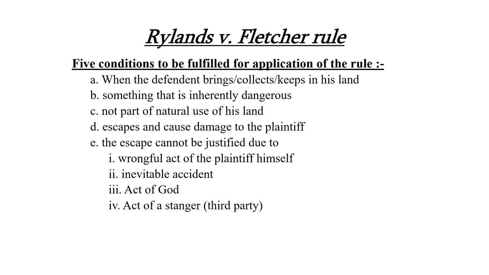Now, in Rylands versus Fletcher's case, the third party angle was there, that it was negligence on the part of the contractor. So, act of a stranger or third party, but subsequently that act of third party was modified also. So, again repeating, the conditions that the Rylands rule has formulated: when the defendant brings, collects, keeps in his land, very important, something that is inherently dangerous, not part of the natural use of the land, that substance escapes and causes damage to the plaintiff, then he is liable.